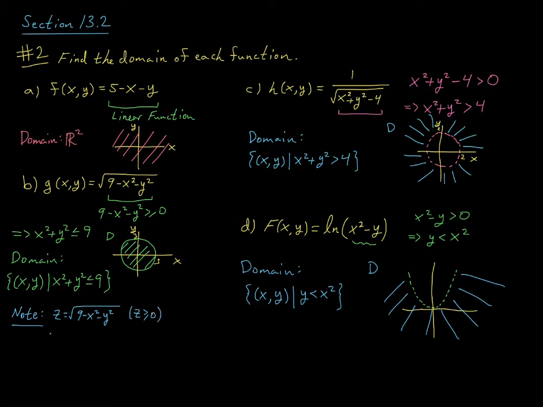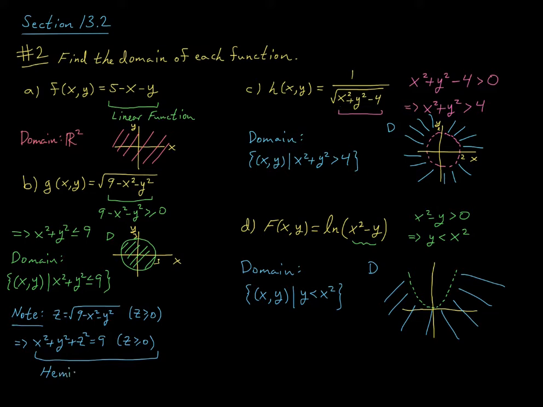And now squaring both sides and rearranging, this is saying we have x squared plus y squared plus z squared equal to 9. And again, z is greater than or equal to 0. So this is really just describing a hemisphere.